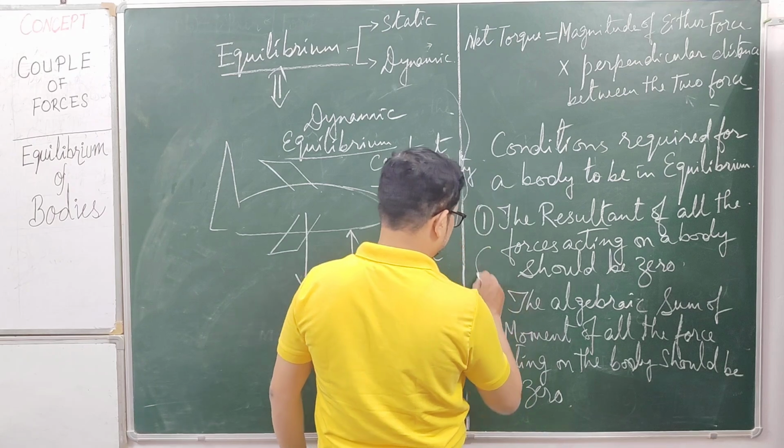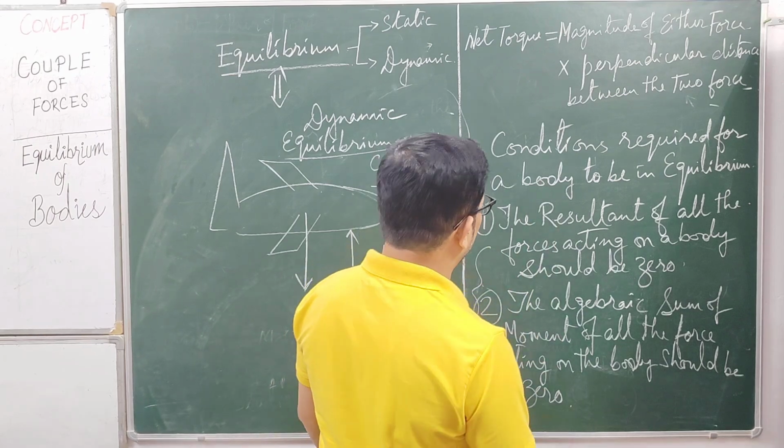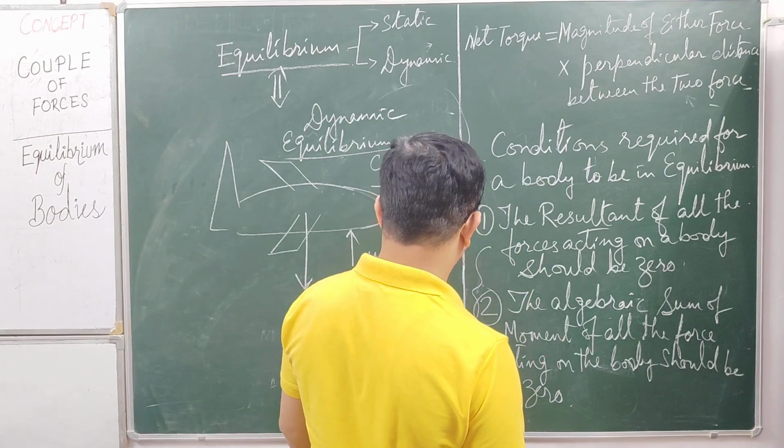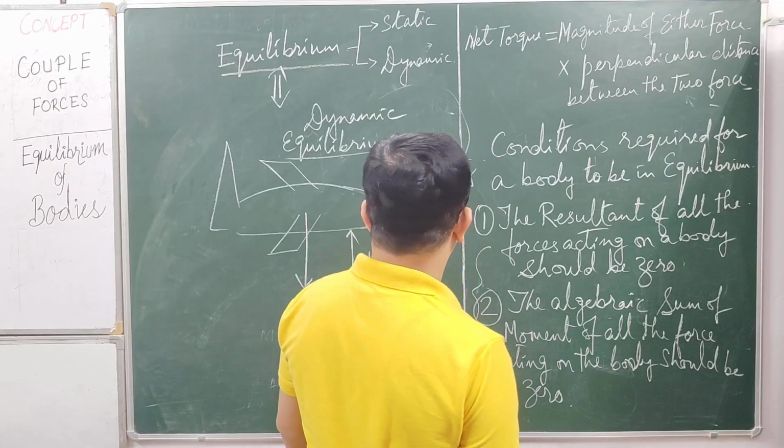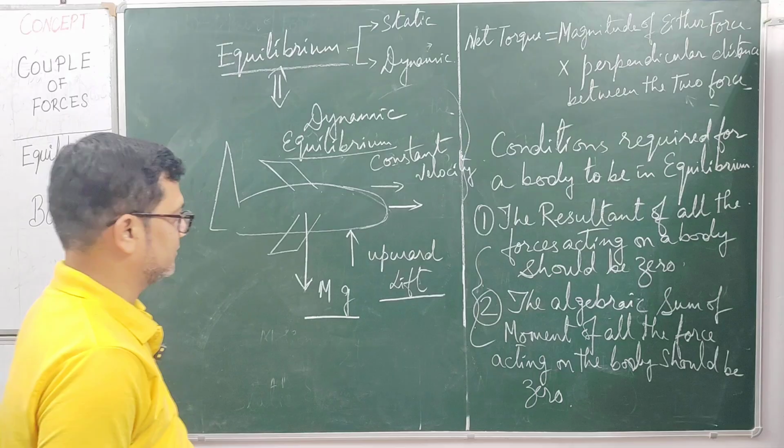So if these two conditions are met, neither linear nor rotational motion is going to be there, the net linear or the net rotational, and the body would be in equilibrium.